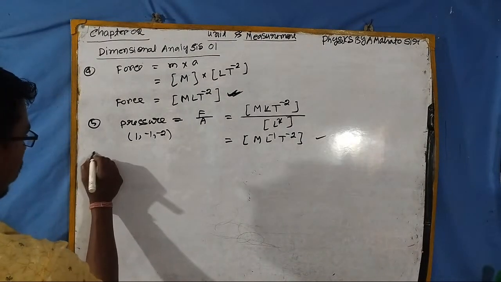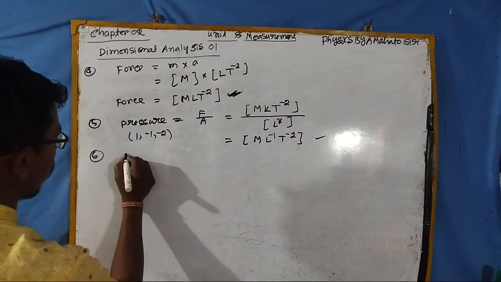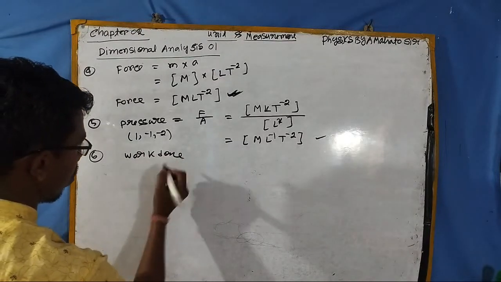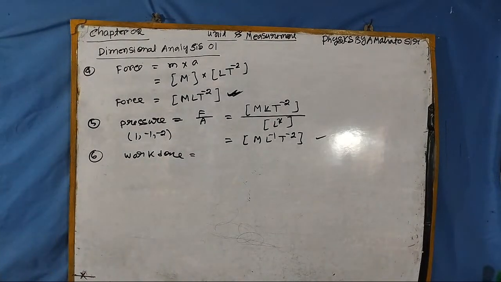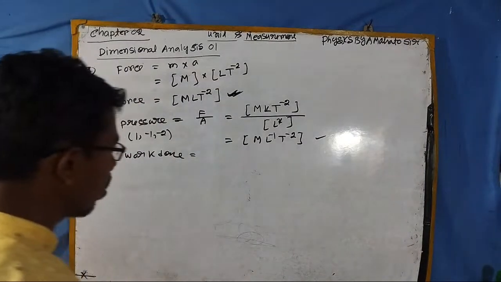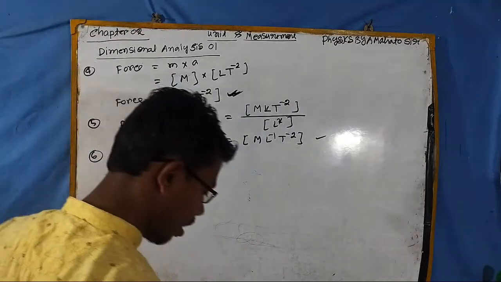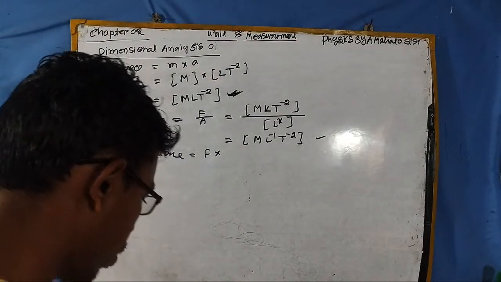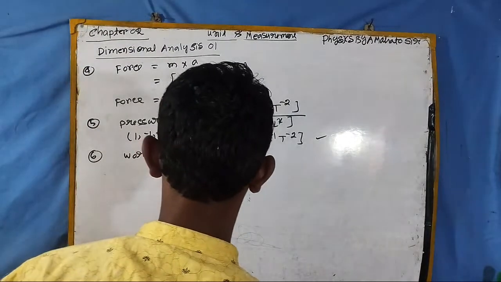Number 6 is work done. Work done is force into displacement.